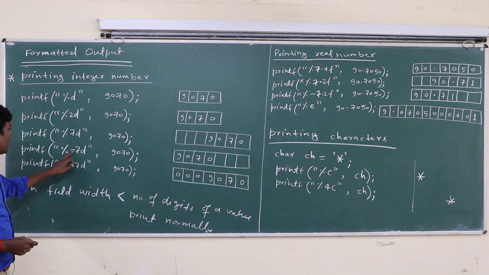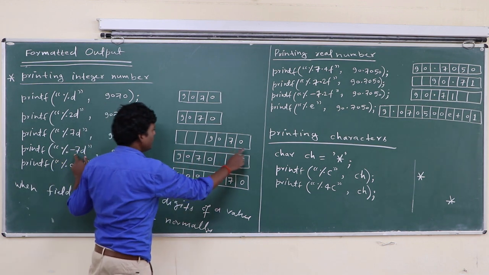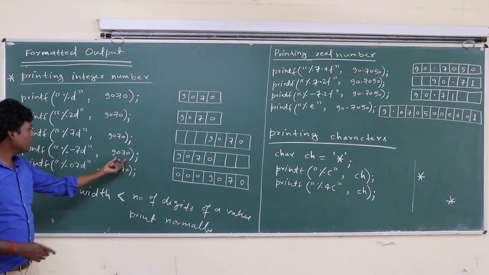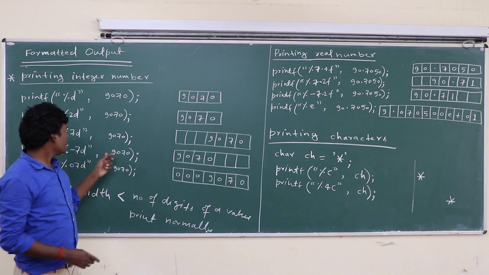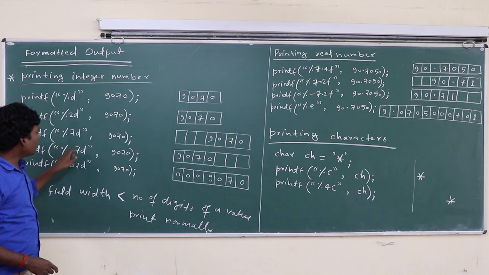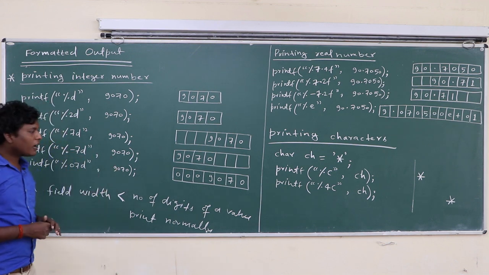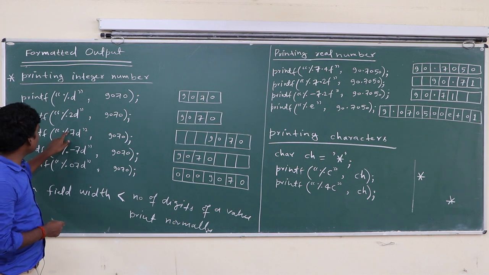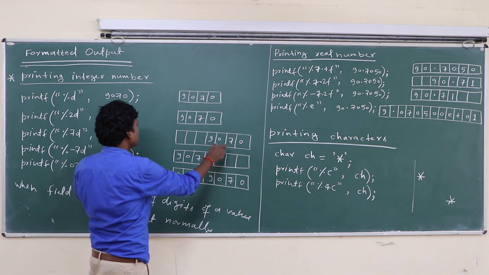Okay, when this is minus, as in %-7d, there will be 7 blocks, and the number is printed on the left side. Means when there is a minus, the number is printed left justified, and when it is positive, the number is printed right justified.